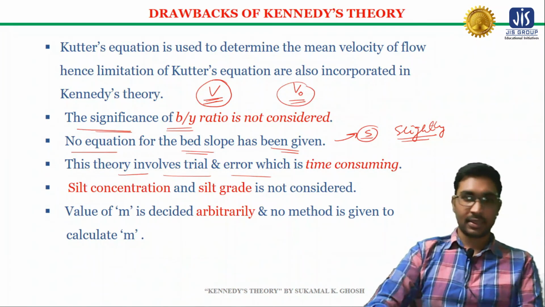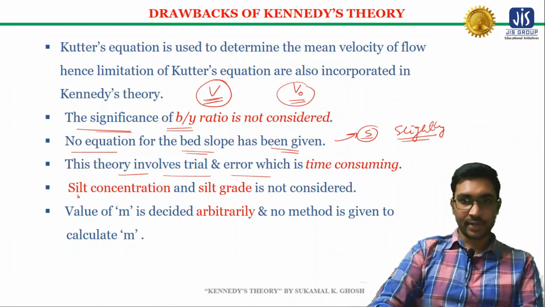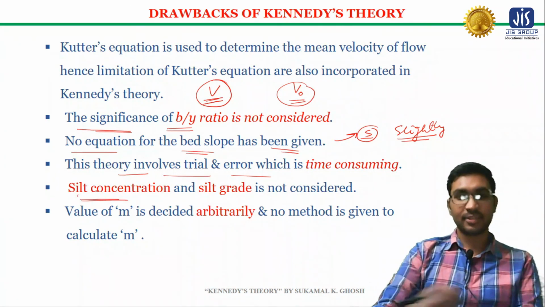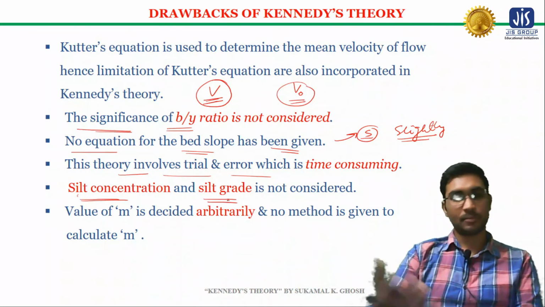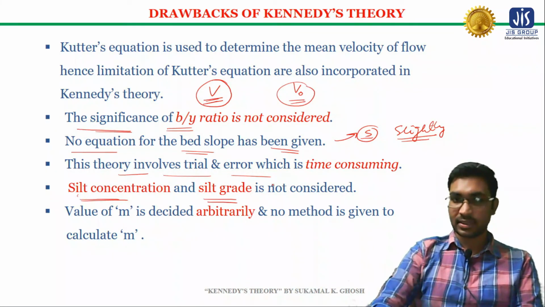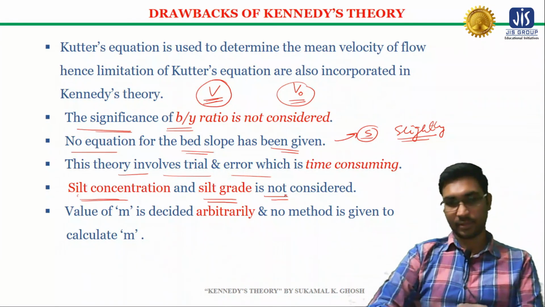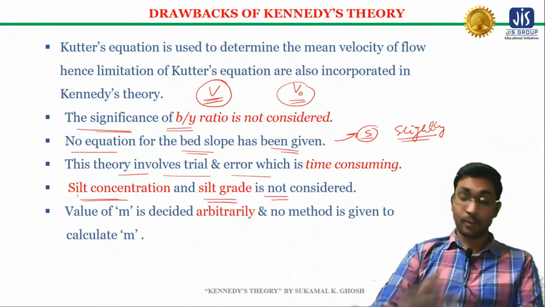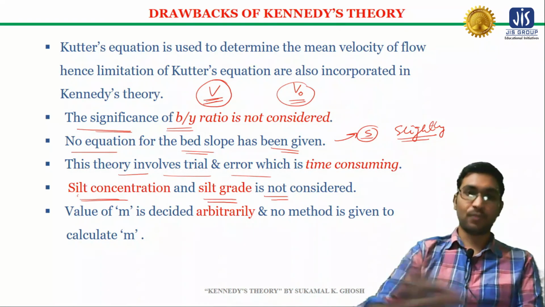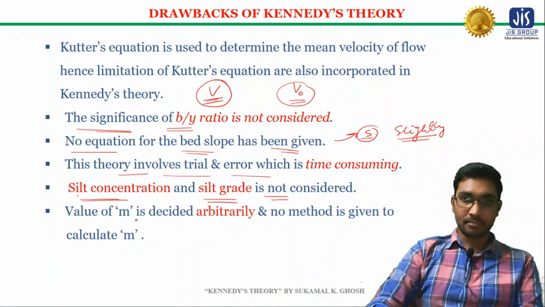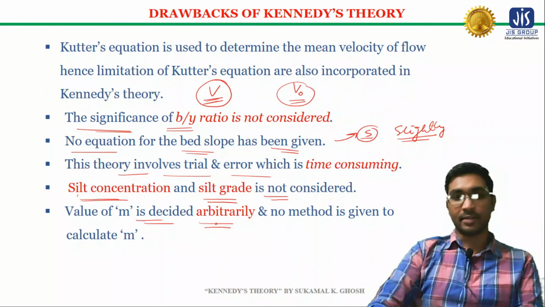Now the silt concentration, meaning the silt charge, and the silt grade, meaning the types of silt, are not considered here. The complex phenomenon of silt transportation is incorporated in just a single factor, that is m, and moreover the value of m is decided arbitrarily.